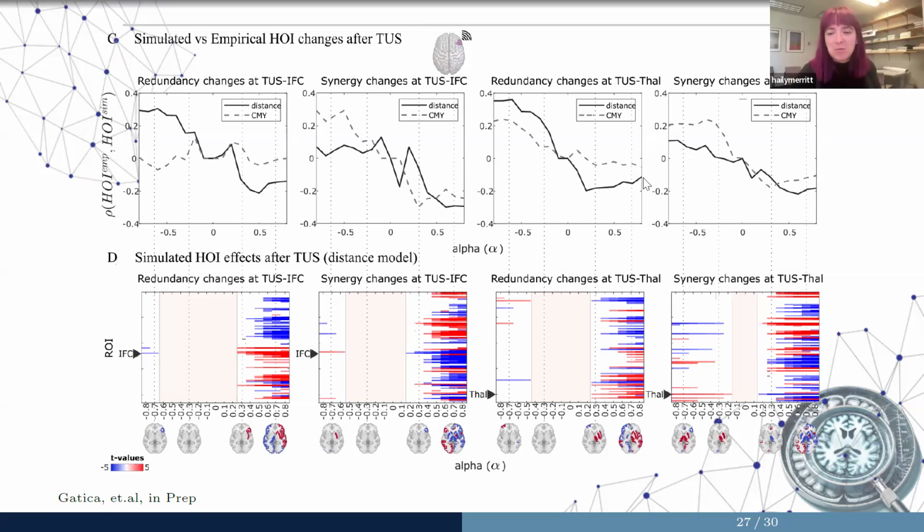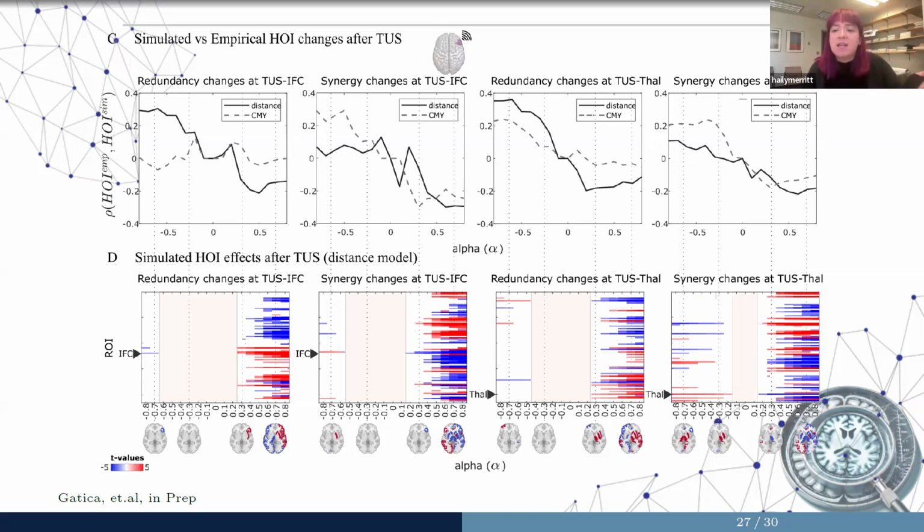I have a question while we give others a chance to gather their thoughts. This is about the first results that you presented with the macaques, where you had the brain images showing which regions became more or less synergistic or redundant. I remember that you mentioned a result related to the Euclidean distance, but I wonder whether the regions where you saw big increases in synergy or redundancy have structural connections between them.